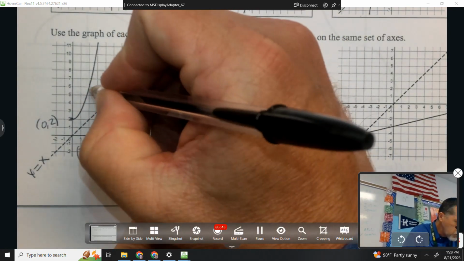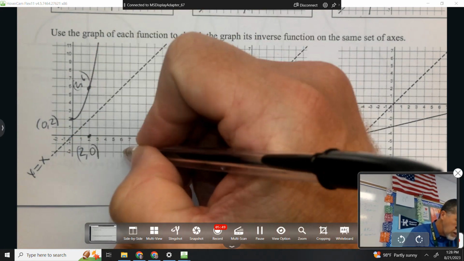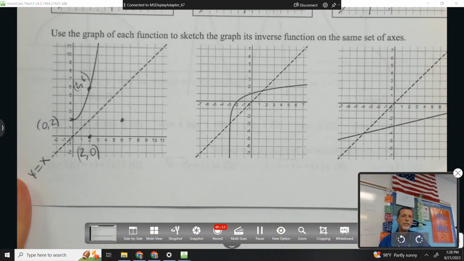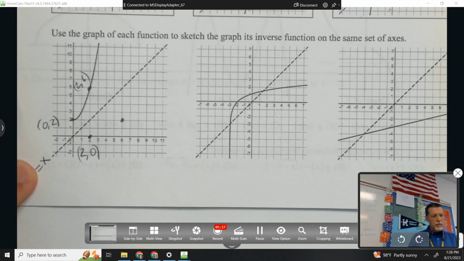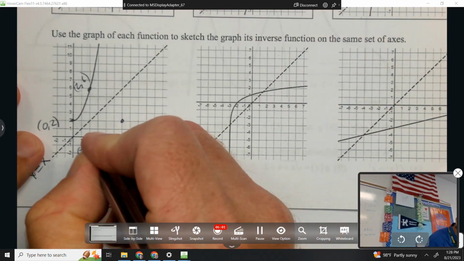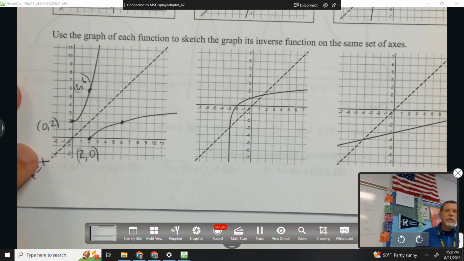So 2, 6 I think is a good one. That would become 6, 2. If you needed to plot more, you could, but maybe by now you've got a sense for what it looks like. We got a few points on there. Something like that.